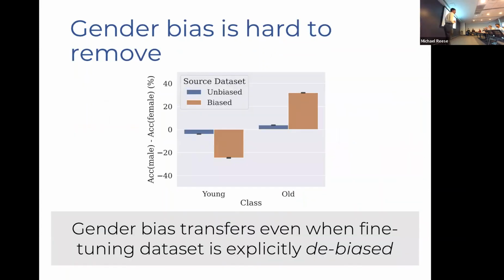Long story short, even if you have that perfect fine-tuning data set, it's hard to remove the gender bias. So this is our accuracy on men versus accuracy on women. Unfortunately, when you pre-train on a biased data set and you fine-tune on this nice, clean, perfectly balanced one, you still have this big disparity at test time.